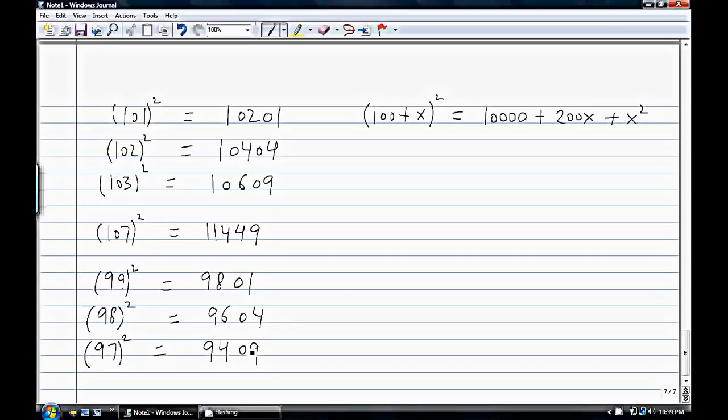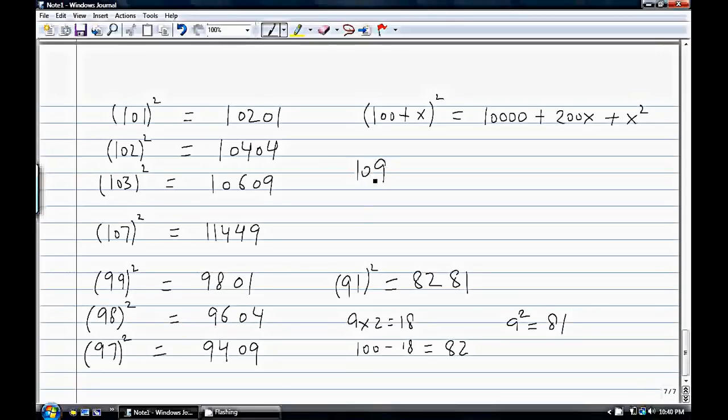So I can go until 91. So 91 square is equal to, 9 times 2 is equal to 18, and 100 minus 18 is equal to 82. I'll write 82 here, and then 9 square is 81, so I'll write 81 here. So 8281.